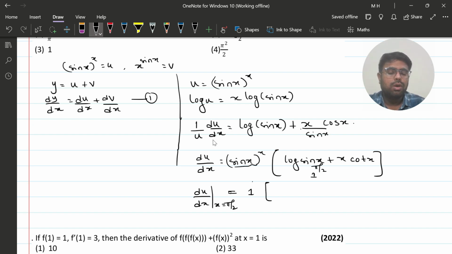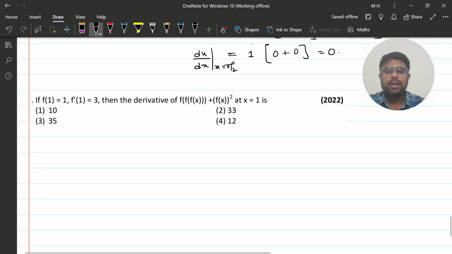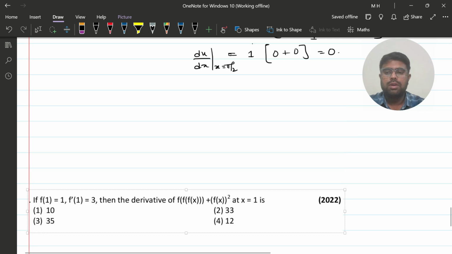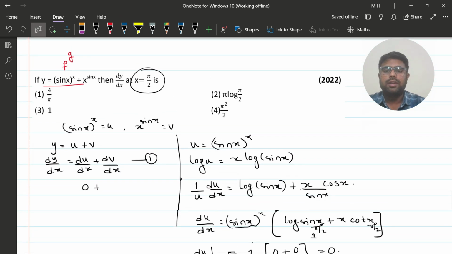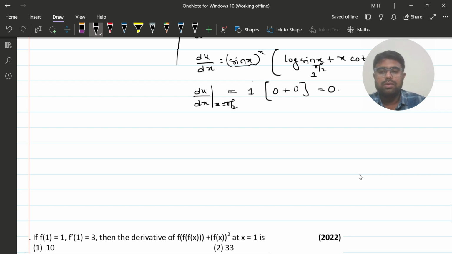So log 1 is 0, plus cot pi by 2 is 0. So this is also 0. 1 into 0 is 0. So du by dx is 0 anyways. Fine. And if I have to get the next function, that is v is equal to x raised to sin x, right?